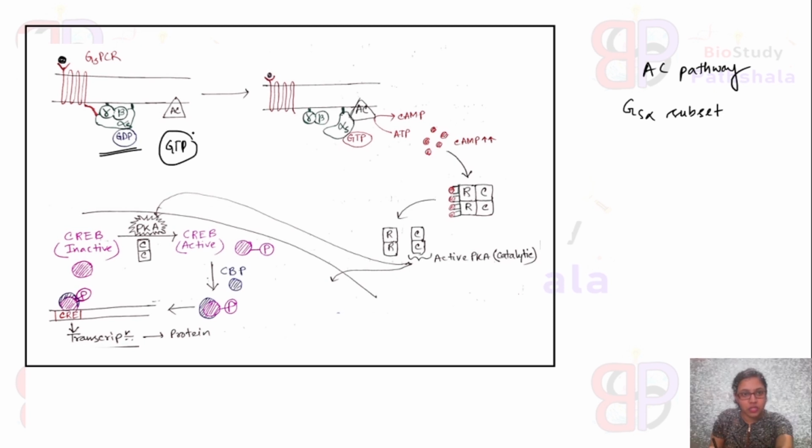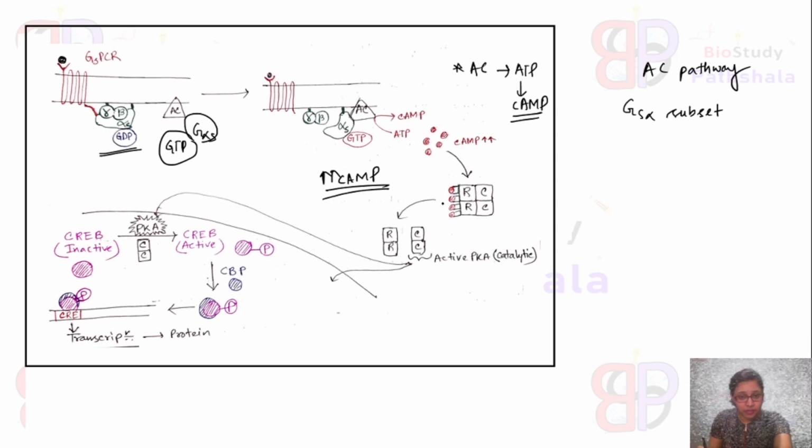This GTP bound state of G alpha s now activates the adenylate cyclase. This activated adenylate cyclase now forms cAMP from ATP. That means the level of cAMP is now high inside the cell.